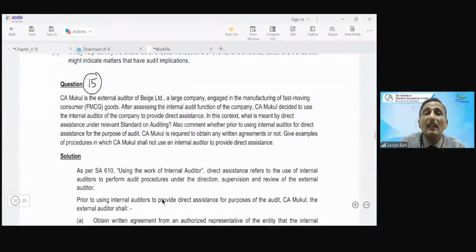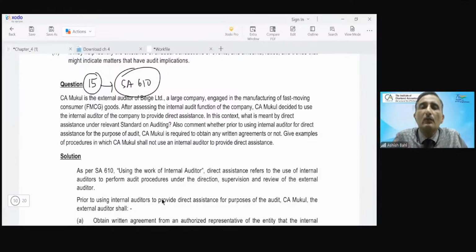Now see question number 15. Now this is about the internal auditor. Use of work of internal auditor, SA 610. Now, as you know, students, where in the entity there is an internal audit function, the external auditor or the statutory auditor can make use of this internal audit function. He can make use of it in two ways.